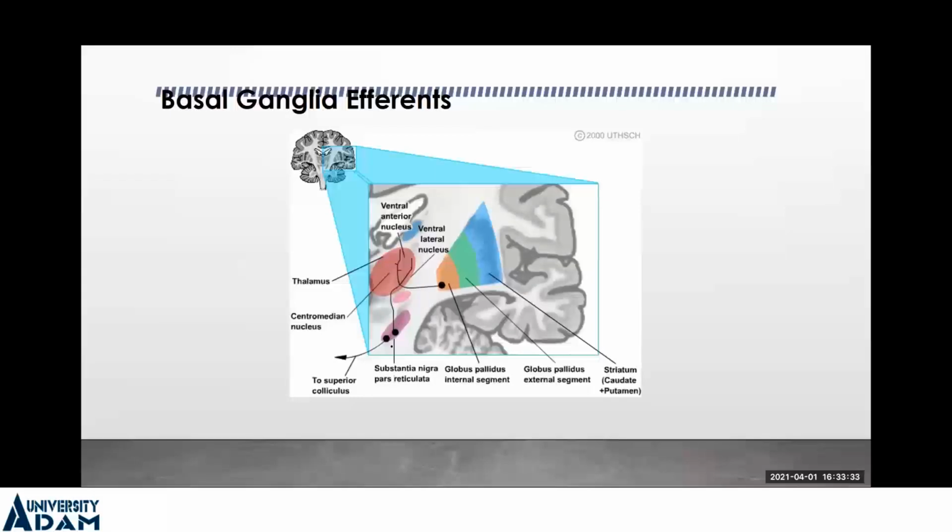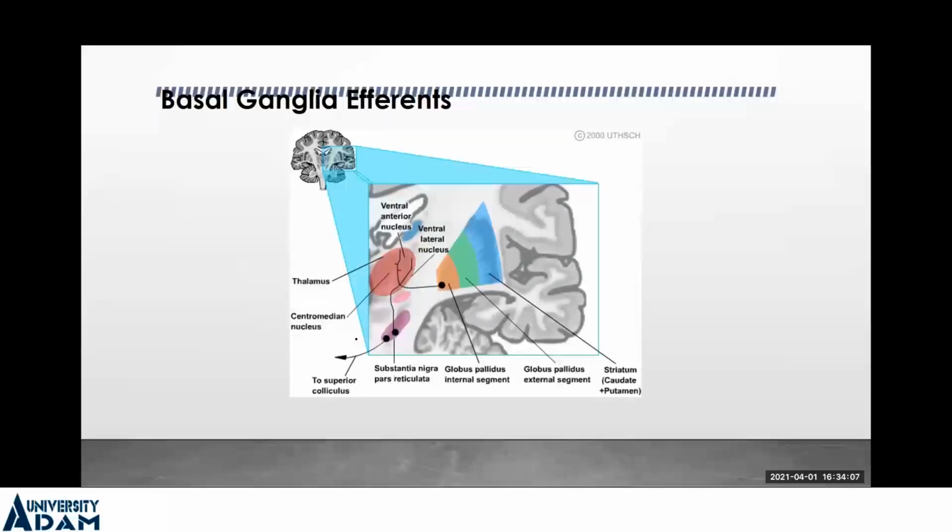Here, guys, you can see that basal ganglia efferents start in the substantia nigra pars reticulata, because the substantia nigra has two parts, pars reticulata and pars compacta, right? It goes to the superior colliculus, and after that it goes to the eye-moving cranial nerves, okay?